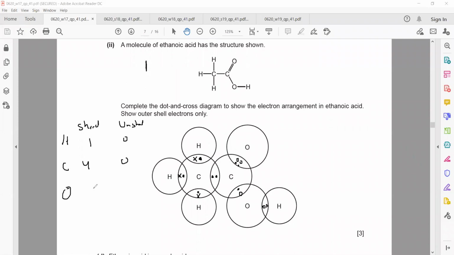Oxygen belongs to group 6, so it will share 2 and unshared will be 4. So we have to draw 4 unshared electrons for oxygen. Is the structure of carboxylic acid in terms of sharing of electrons in a molecule clear?